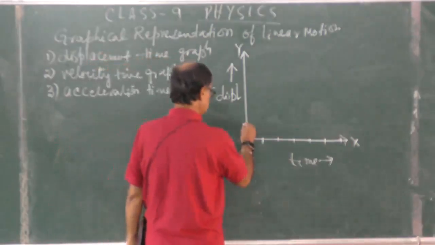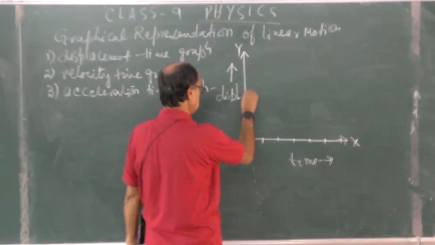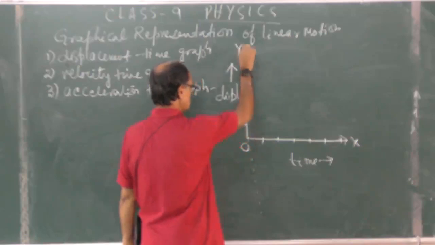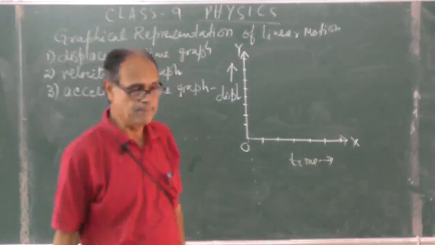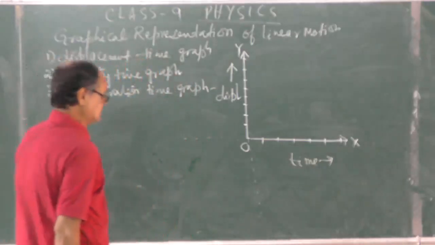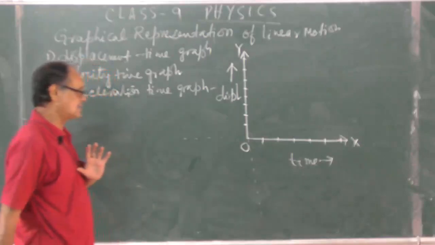Accordingly, the displacement values will also be equidistantly placed on the y-axis. Whatever necessary values we require will be put on the displacement axis. That is the concept that we start with.